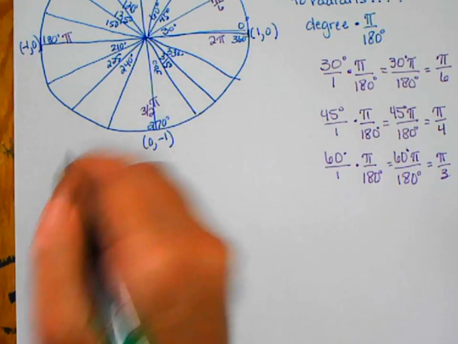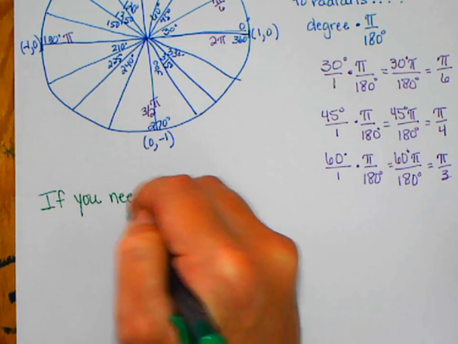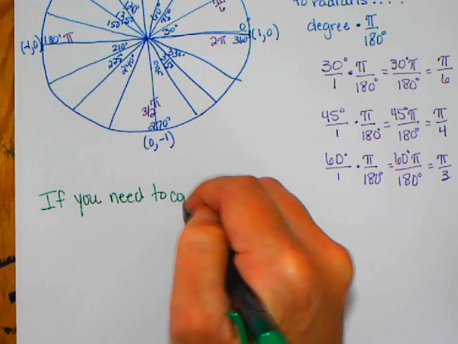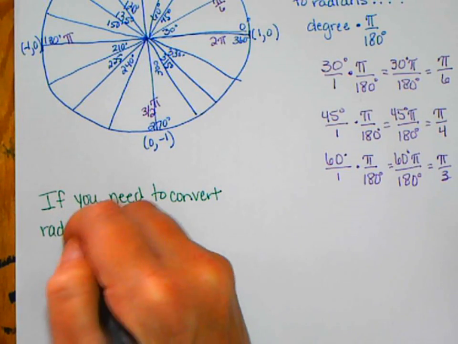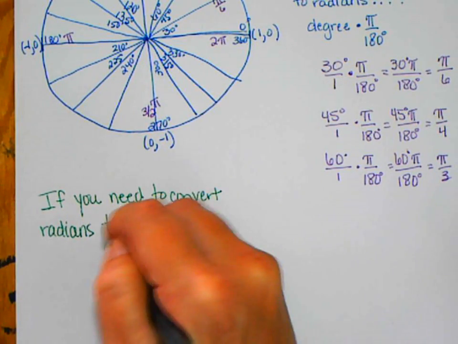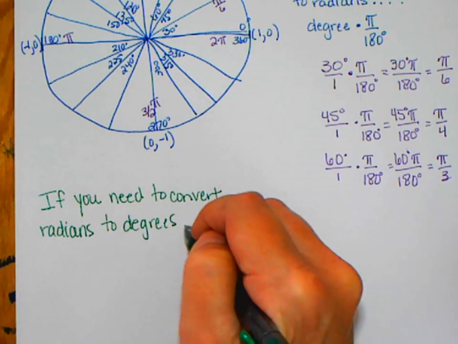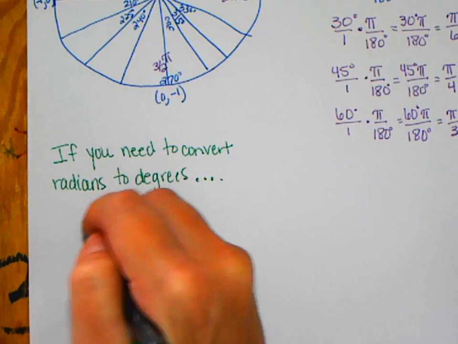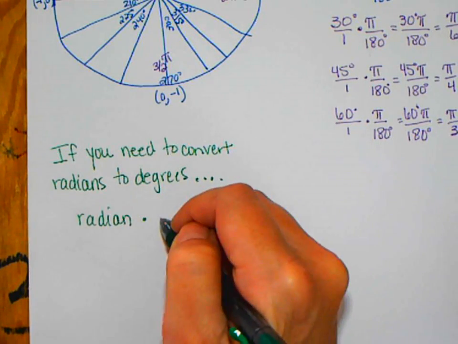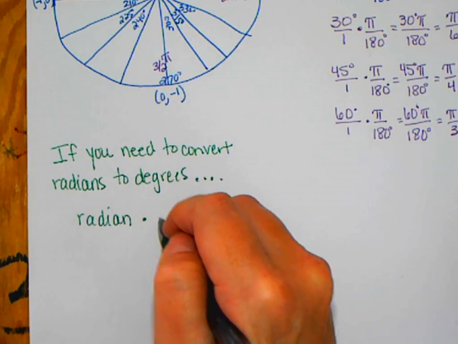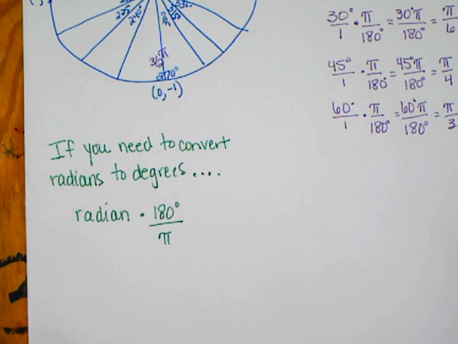So if you need to convert radians to degrees, you take the radian measure that they gave you and you multiply that by 180 degrees over pi.